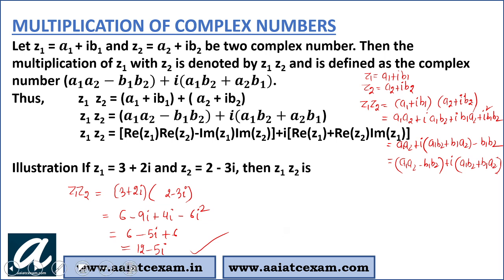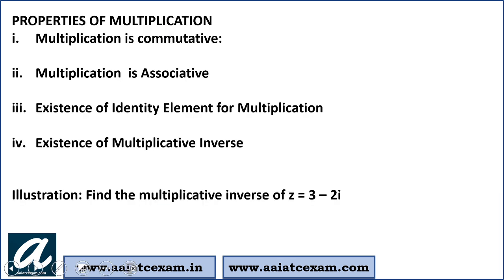Now let's talk about properties of multiplication. Students, complex number multiplication is always commutative, that is z1 z2 is always equal to z2 z1. Then multiplication is associative: z1 z2 associated and then multiplied with z3 should be equal to z1 and z2 z3 associated.